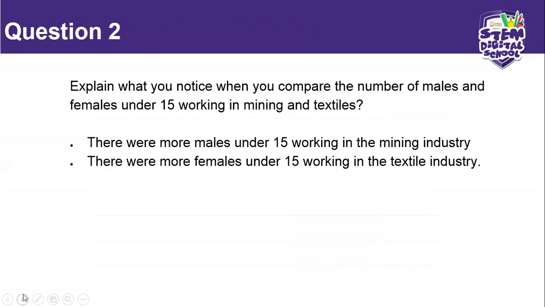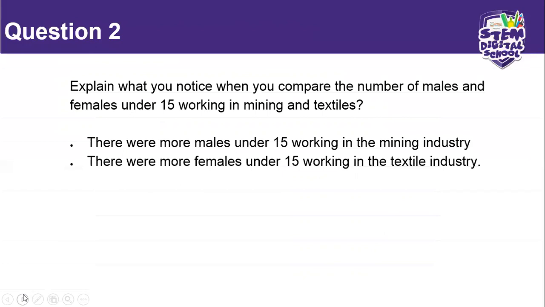And then we go to question 2. Explain what you notice when you compare the number of males and females under 15 working in mining and textiles. So you were supposed to use the table again.